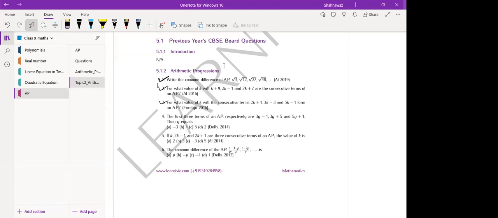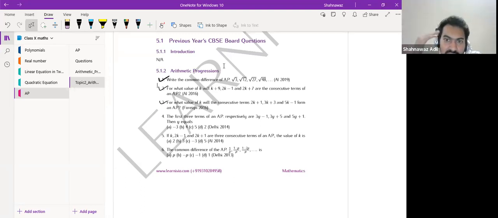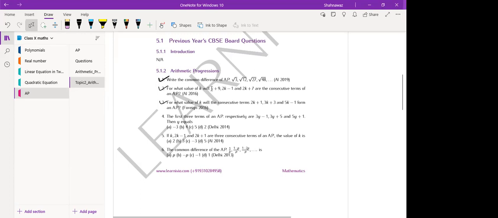It should be that D was the same, right? So this is the most important criteria of the AP, that D has to be the same. So this is the hint for you guys: to find the value of K, just take the difference of these two terms, and then equate it to be the same. So these are the hints, guys.